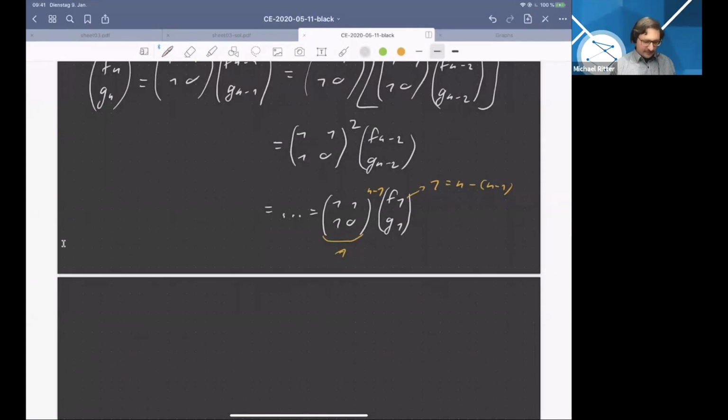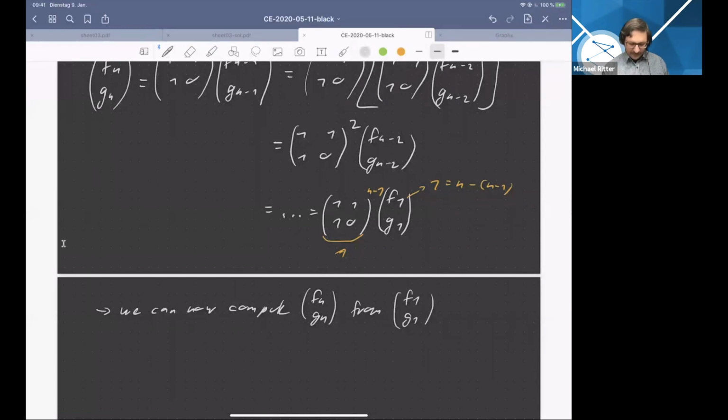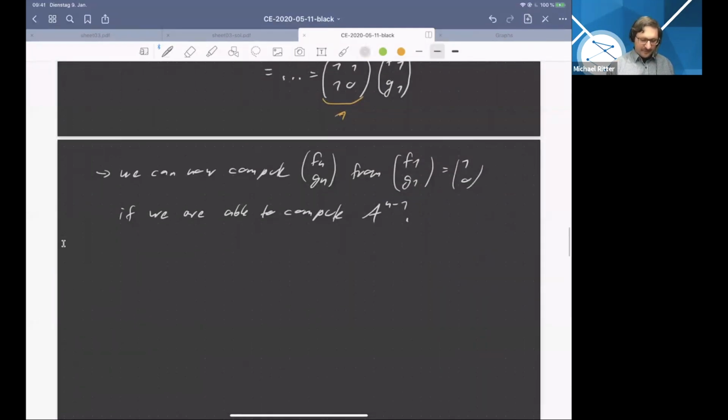Okay, so we can now compute fn and gn from just f1, g1, and we know that, that's simply 1, 0, if we are able to compute this matrix A to the n minus 1. And that's the objective of part A here.